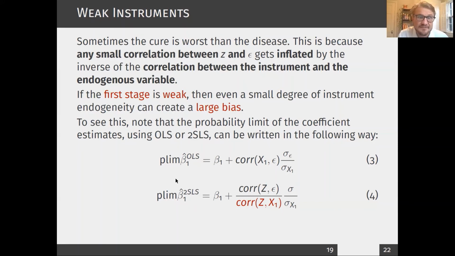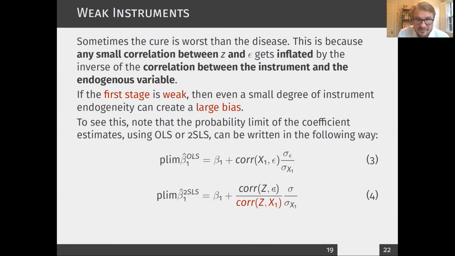When you have an OLS estimate, the bias is related to the correlation between the error term and the endogenous variable, which by definition is endogenous because it's positive, and also a function of the relative standard deviations. Here, in the two-stage least squares estimate, the bias is a function of the correlation between the instrument and the same error term.